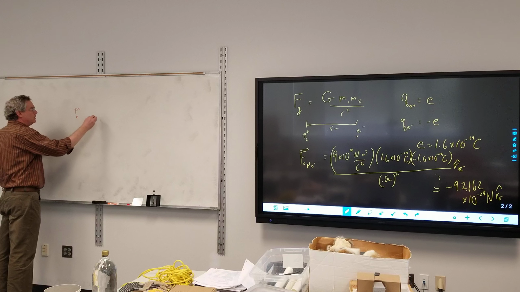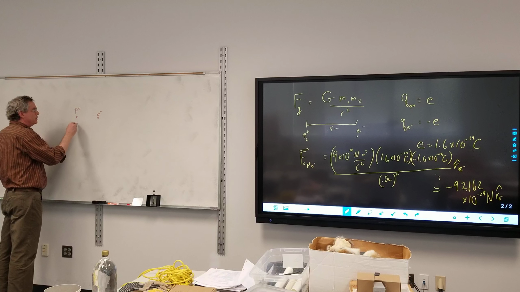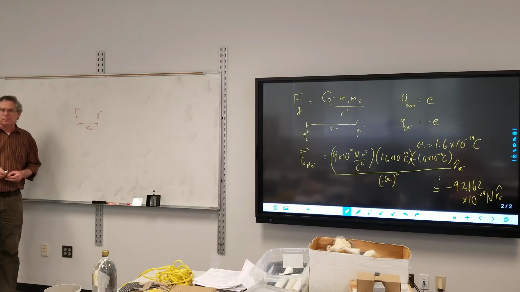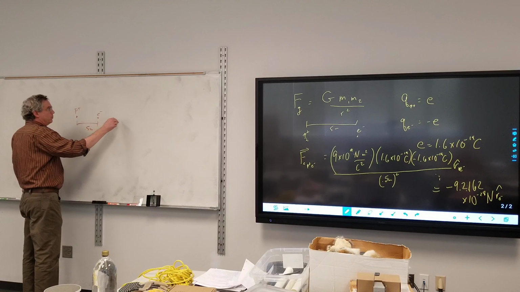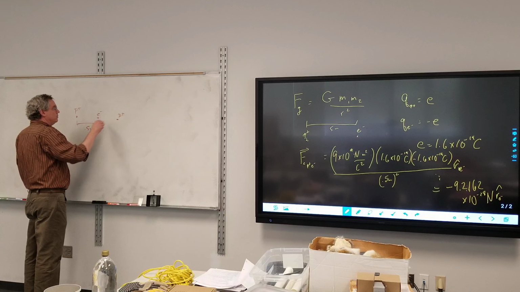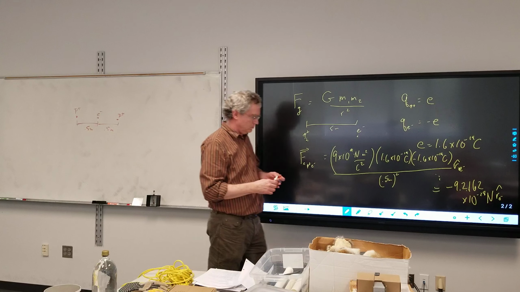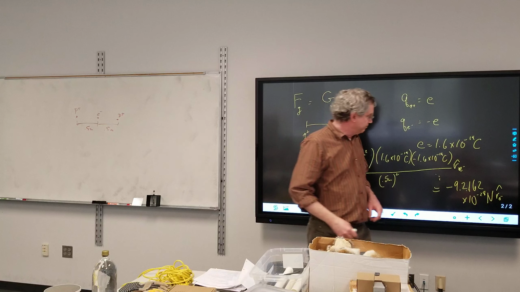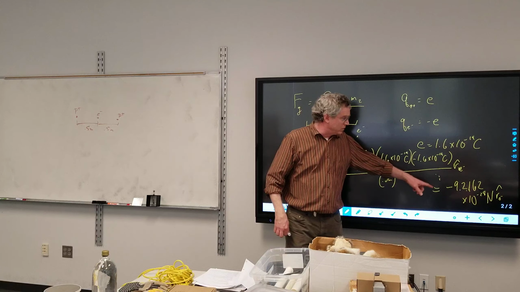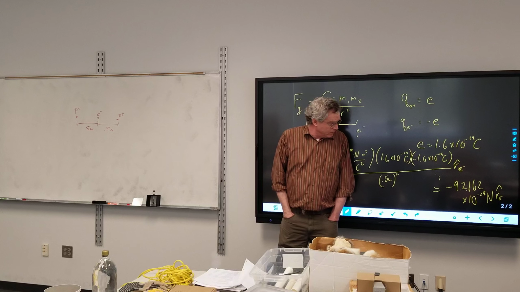I have a proton here, I have an electron here. Distance between them is 0.5 meters. We just went through that problem. I'm now going to put another proton over here, 0.5 meters on the other side. So we got 9.2 times 10 to the negative 28th newtons.